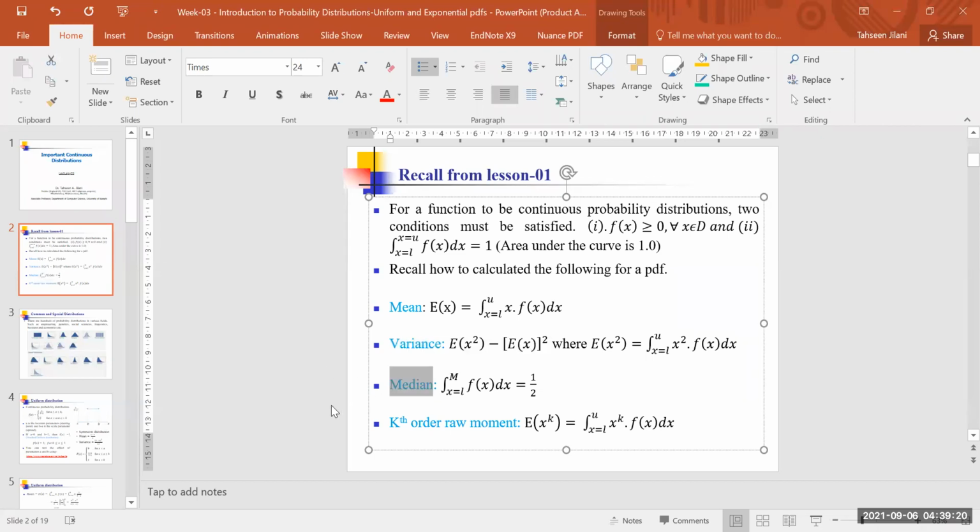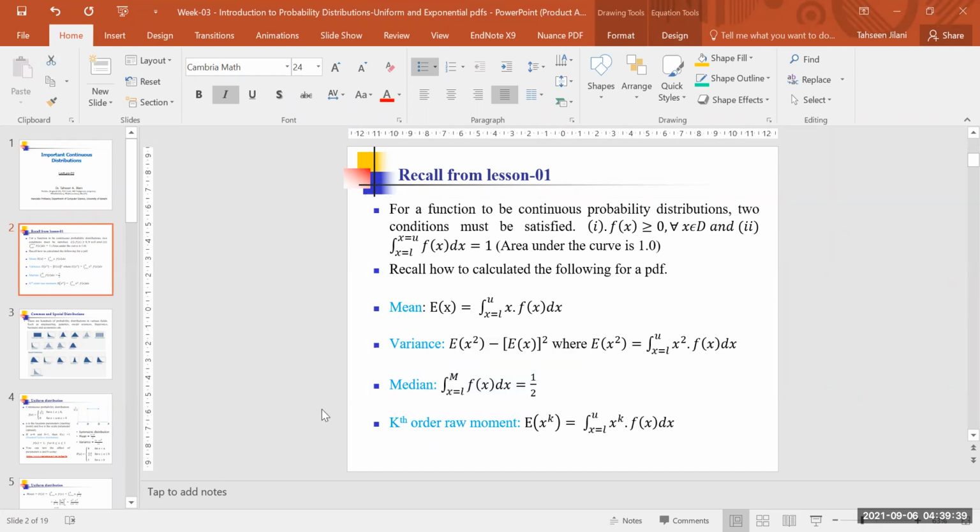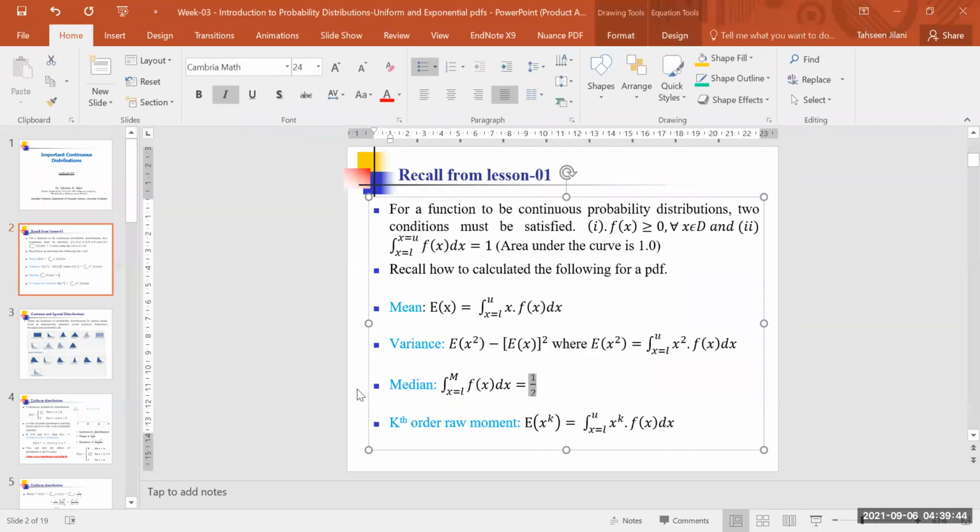Median is the middle observation of a data set. Suppose this is a probability distribution. We integrate this function from the lower limit to some point m, where m represents the median value of this function f(x), and we say it equals half. Why is it half?